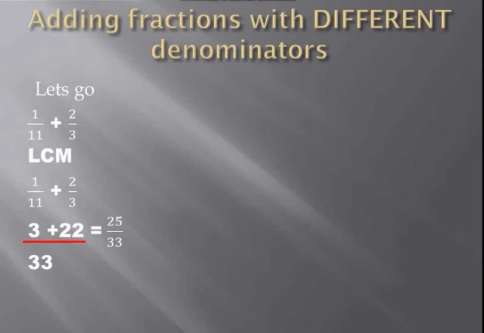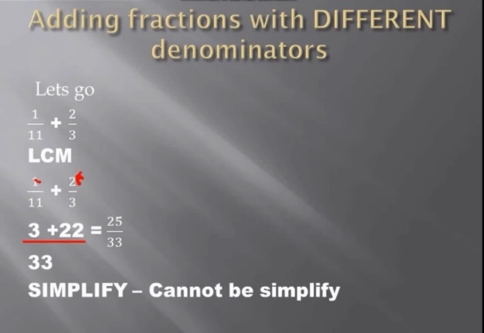So you times the 1 by 3 and you get 3. You put back the plus sign. 3 into 33 goes 11 times. You times the 2 by 11 and you get 22. The answer is 25/33. And this cannot be simplified any further.